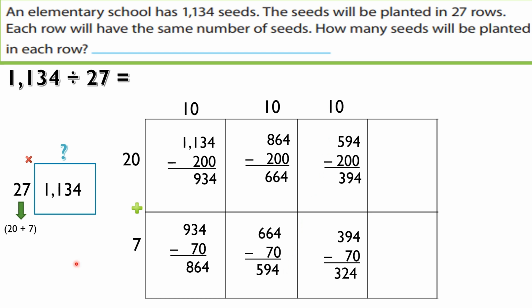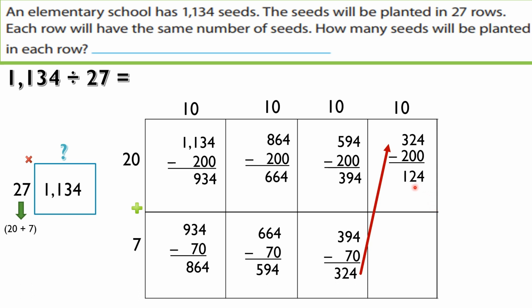Since we can get some more groups of 20 and 7 from 324, then that becomes our new number. So now we're going to be seeing how many groups of 20 we can get if we divide 324 by 20. And we notice that we can get 10 groups. So there we have 10 times 20. We get 200. 324 minus 200 equals 124.